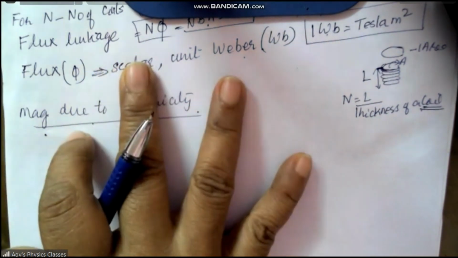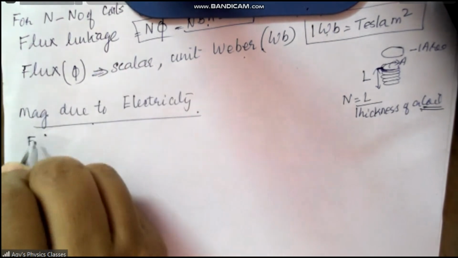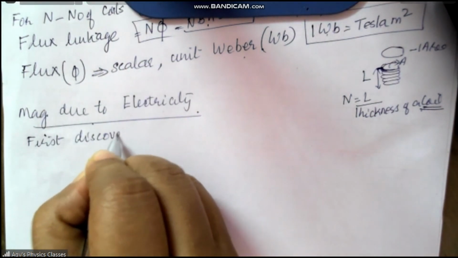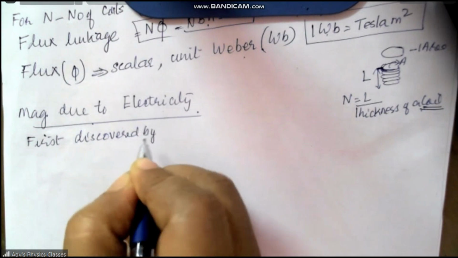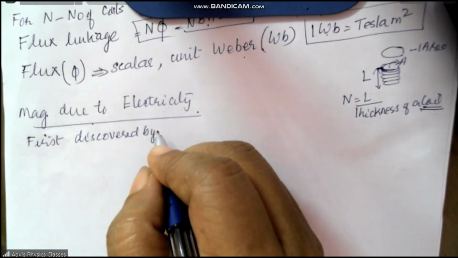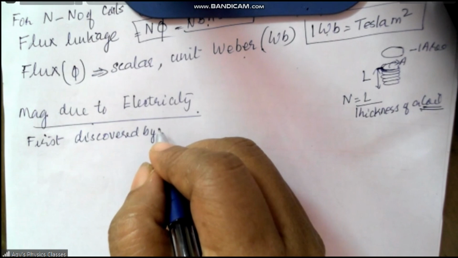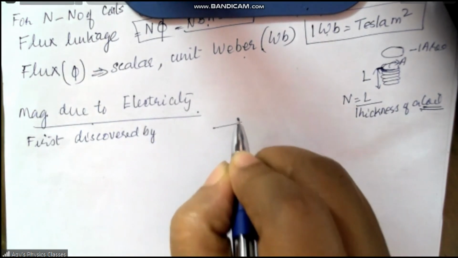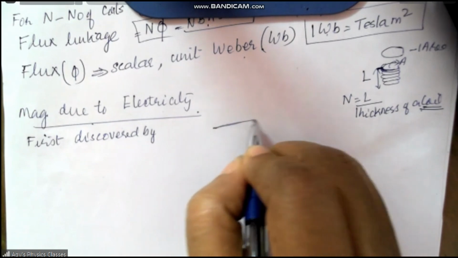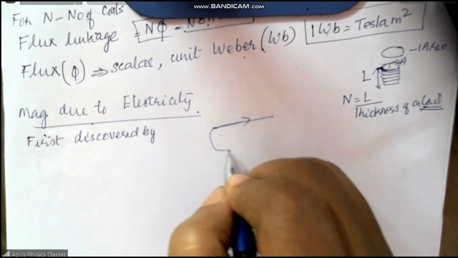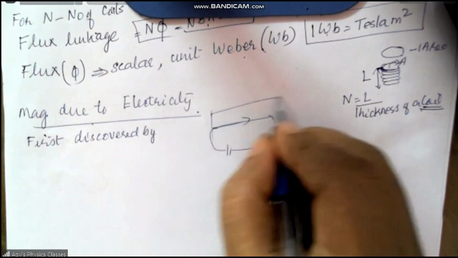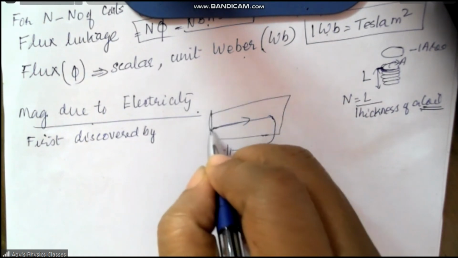Now, this was first discovered by Christian Oersted. He was doing some other experiment, passing some DC current through a wire on the table.